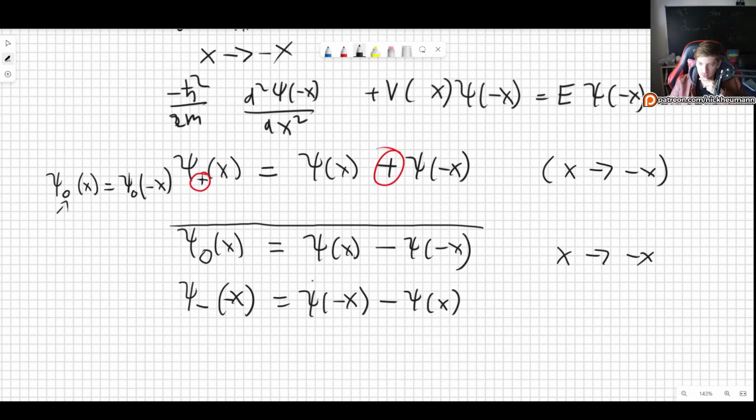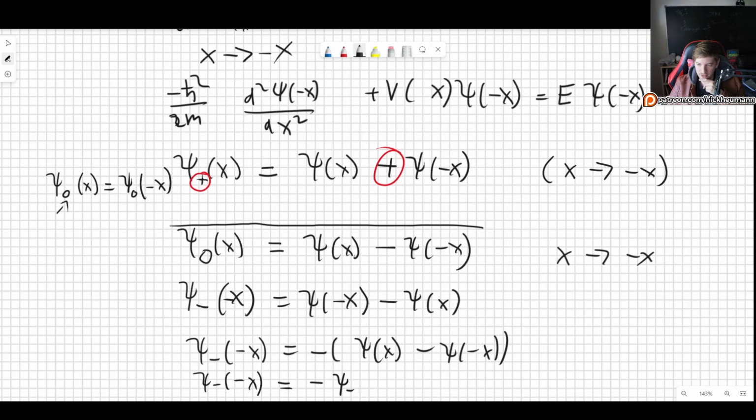And what we have here is minus what we had before. If we factor a minus sign, psi minus of minus x is equal to minus psi minus of x, which means that this is odd.